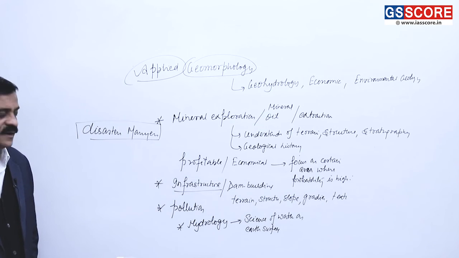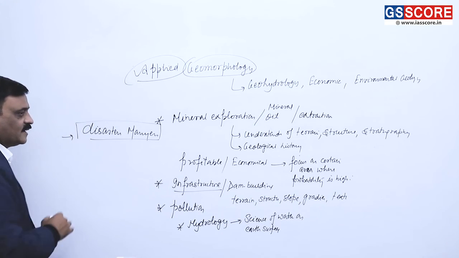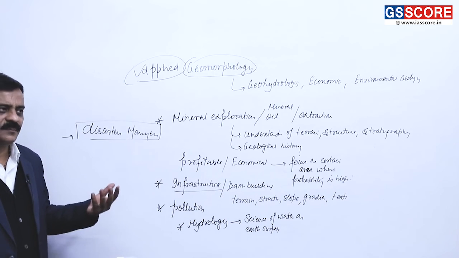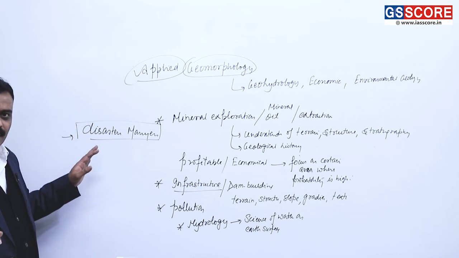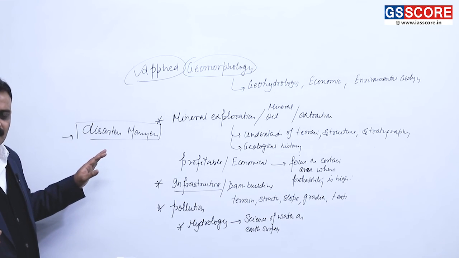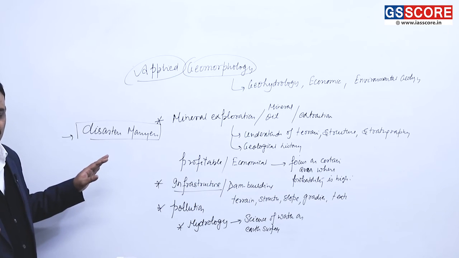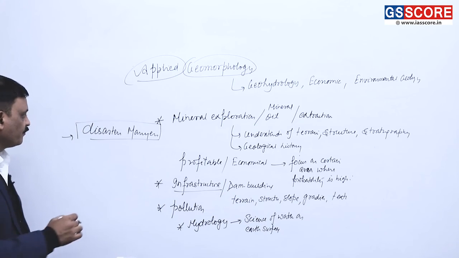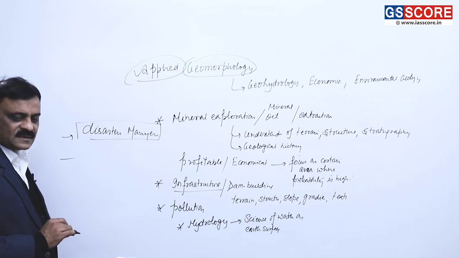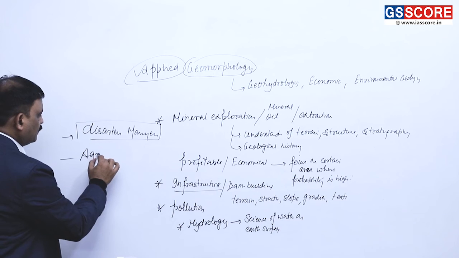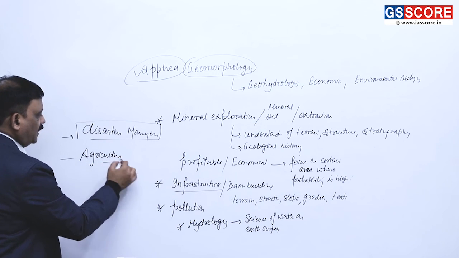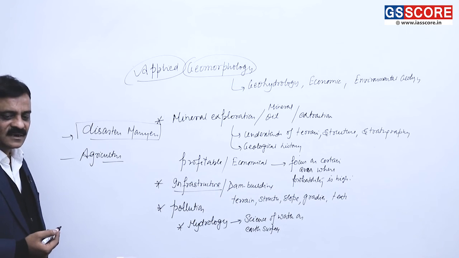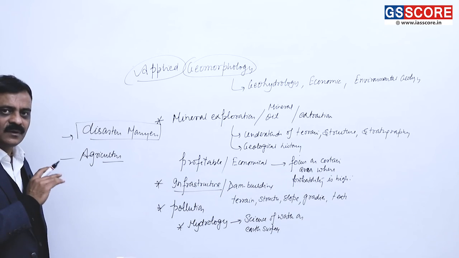In disaster management, you can see understanding the terrain, geological mapping, and how we can utilize the geomorphic mapping of a particular area, in order to manage those areas which are disaster prone, or in deciding the infrastructure in a certain region. Another thing you will find is agriculture. Here also you can find the application. I'm not going to discuss this topic at greater length. I hope I have given you a brief idea.